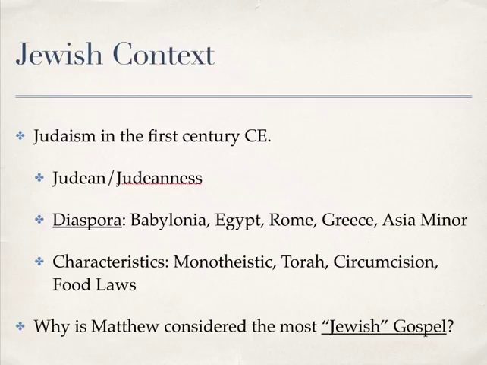You also had a diaspora Judean community in Egypt, in Rome, in Greece, and in Asia Minor, which is modern Turkey. And that Asia Minor would go all the way down to the province of Syria, where Antioch was. And even though that's close to Judea, it is still not in Judea. So the Jews and Judeans who lived there would be considered diaspora Judeans. And diaspora means dispersed, those who are spread out.